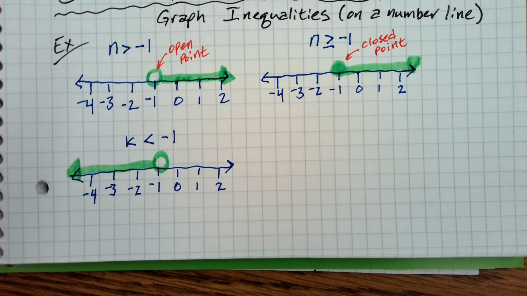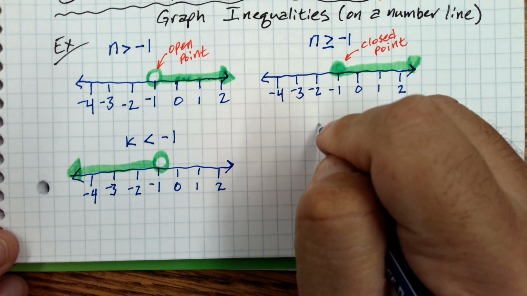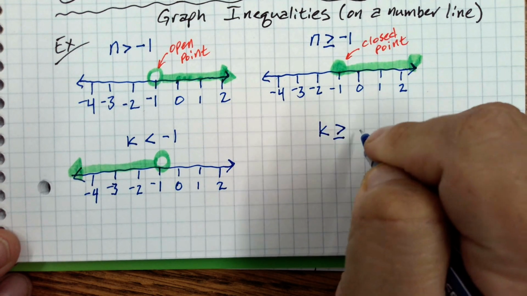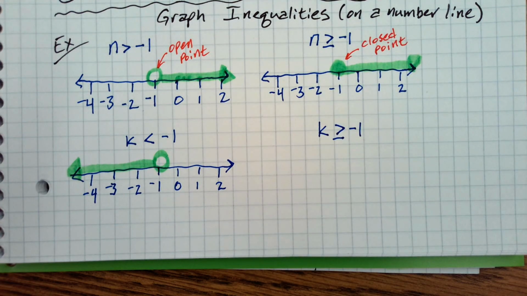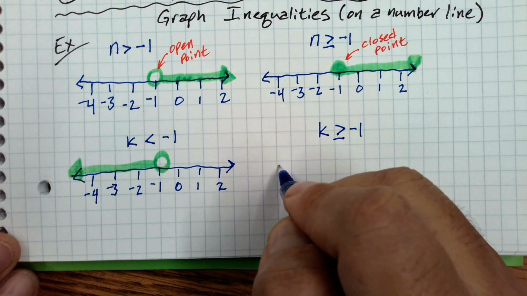Okay, let's do an equal to one. K is greater than or equal to -1.